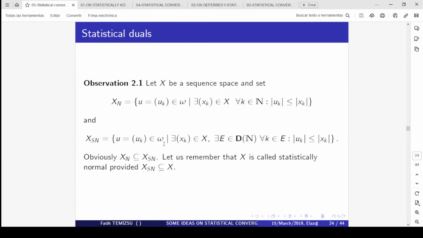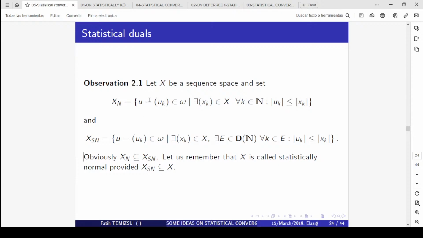It consists of sequences from all sequences such that we have a sequence from X, and we have a dense subset of natural numbers satisfying uk is less than or equal to xk.